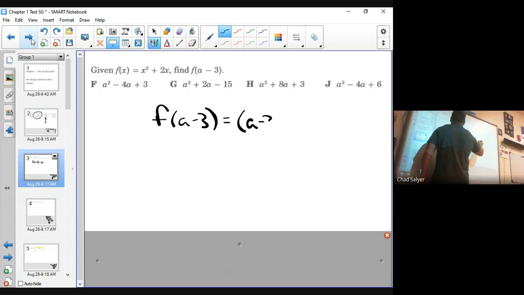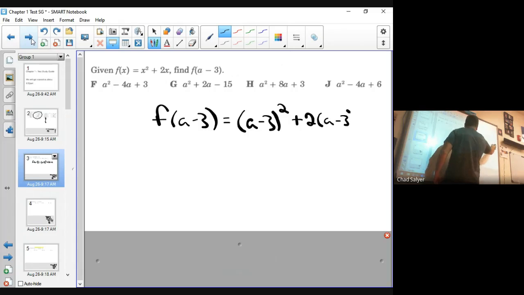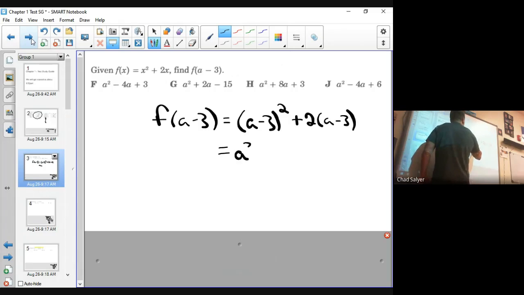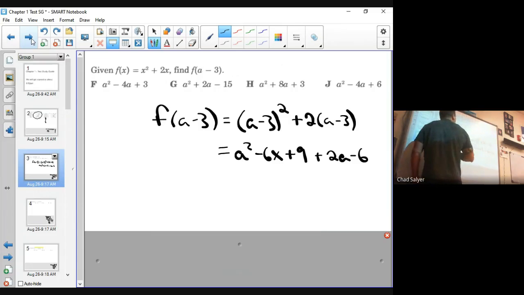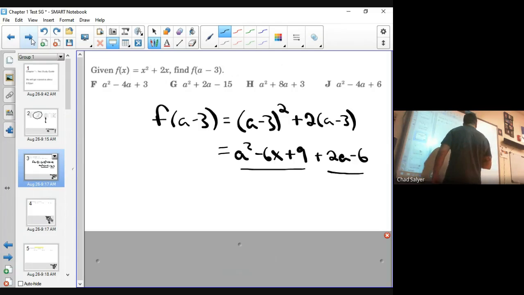All right, so a minus 3 squared plus 2 times a minus 3. So that's a squared minus 6a plus 9 plus 2a minus 6. Using the shortcut here, a minus b squared is a squared minus 2ab plus b squared. So that's how I got this bit. And then distribute the 2 to get this bit.